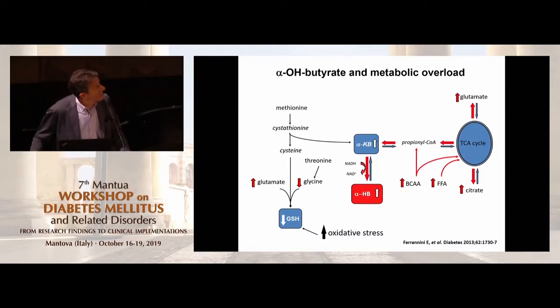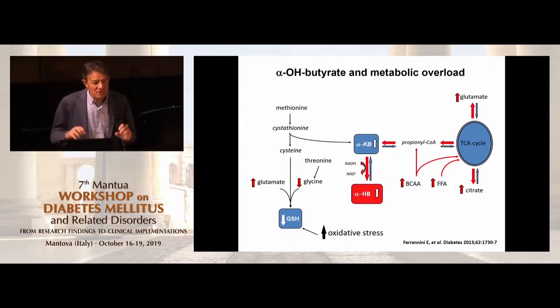And as a consequence, there is an escape of propionyl-CoA, which is the mother of alpha-ketobutyrate and therefore of hydroxybutyrate. So we concluded with a model whereby the increased concentration of this molecule stands for an increased degree of oxidative stress in vivo, as well as a marker for metabolic overload.